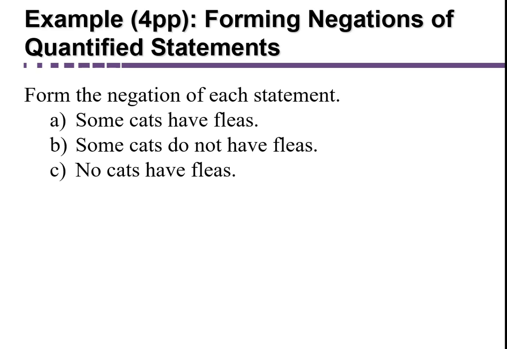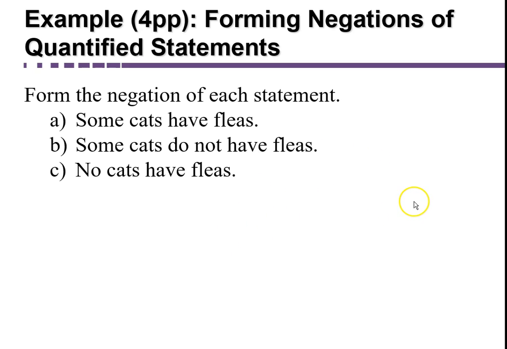Statement A. Some cats have fleas. What would you put down for that? B. Some cats do not have fleas. What would you use for that? And C. No cats have fleas.